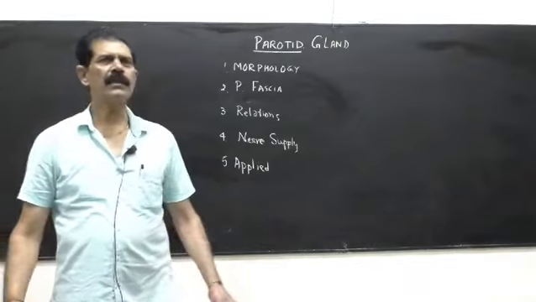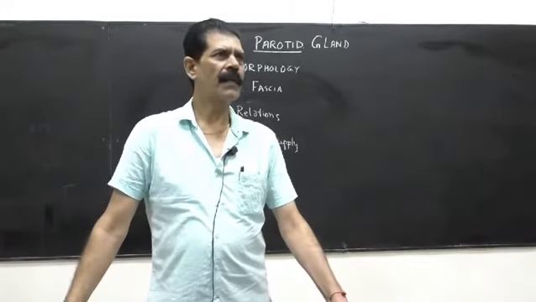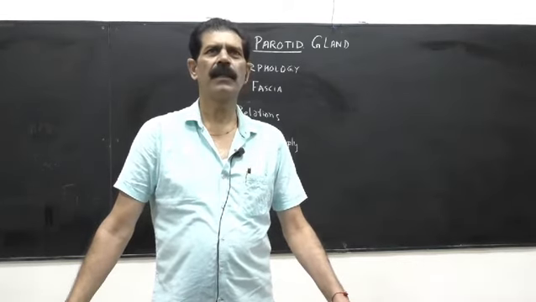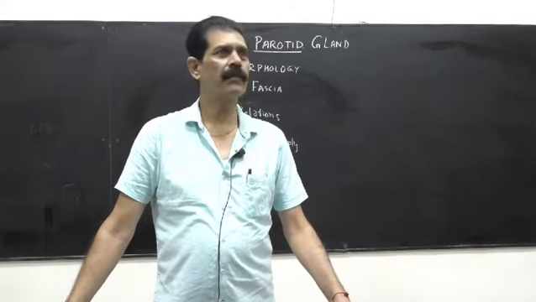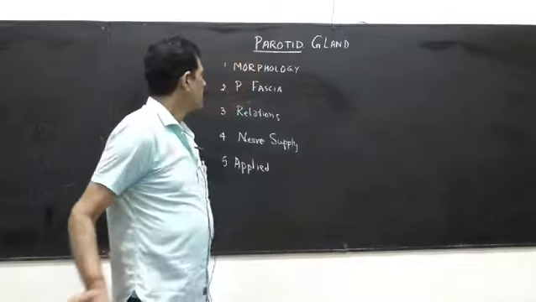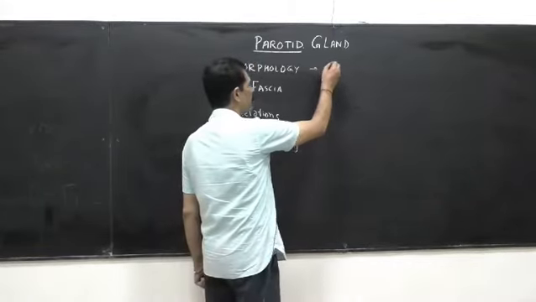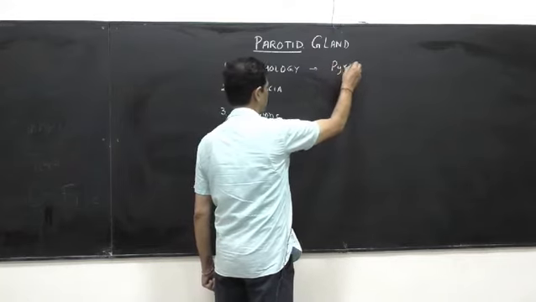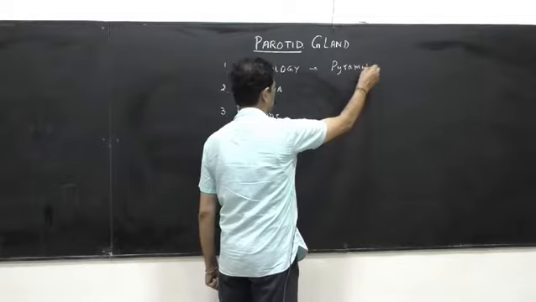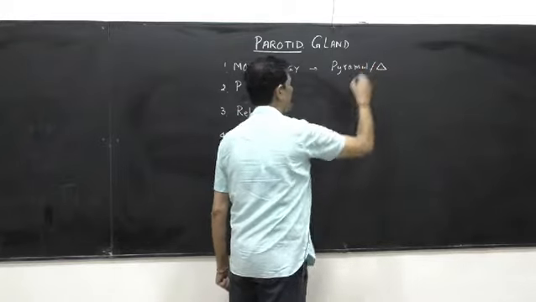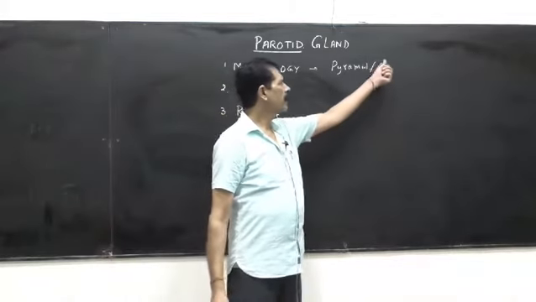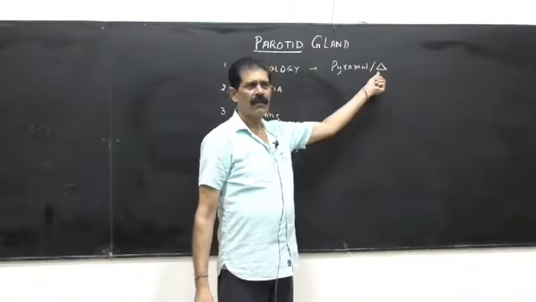Morphology means weight, size, surfaces and borders. Any question asked about morphology means shape and size, maybe of the thyroid gland, maybe small or large. The parotid gland is pyramidal in shape, triangular. A pyramid has an apex and a base, like the pyramid of Egypt.